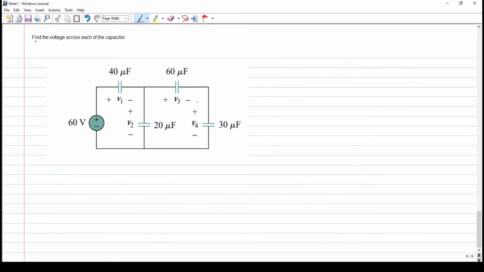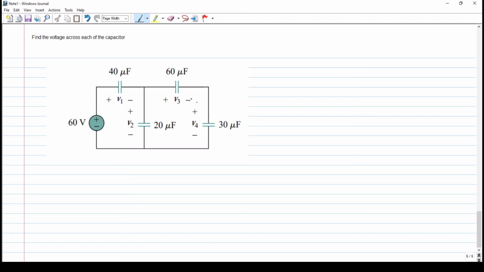So next problem. Find the voltage across each as the V1, V2, V3, and V4. Okay. So first, in this schematic diagram, we have the given 60 volt, then 40 microfarad, 20 microfarad, 60 microfarad, then last is 30 microfarad.